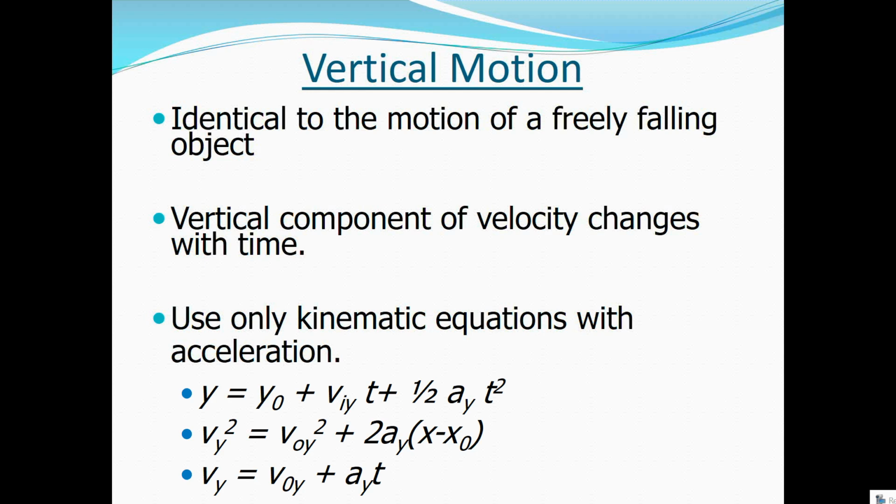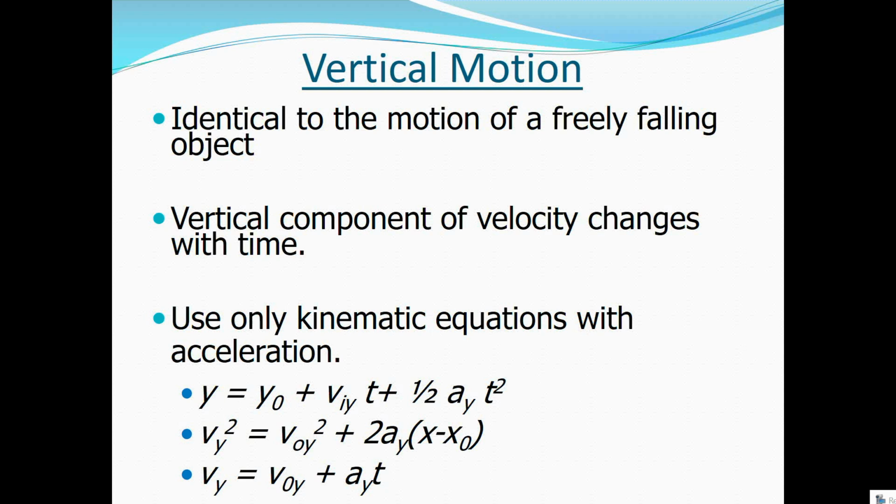In that vertical motion, it is identical actually to how a freely falling object is looked at. So we've already looked at free fall, which is one-dimensional projectiles, either objects thrown up in the air or dropped from a height. Once you get an initial vertical velocity for any projectile, you could treat the remainder of the analysis in the vertical direction as a free fall problem.